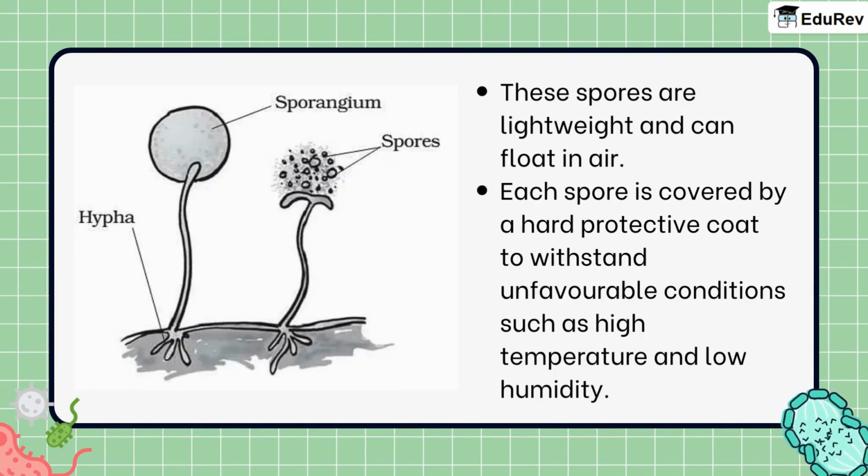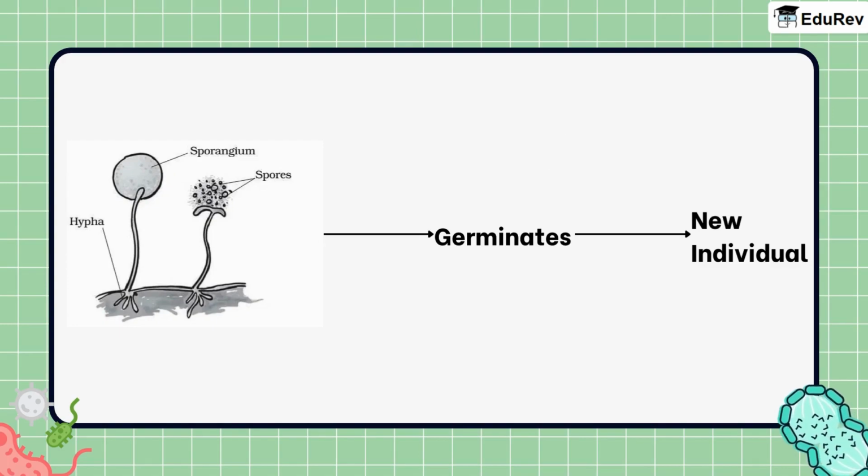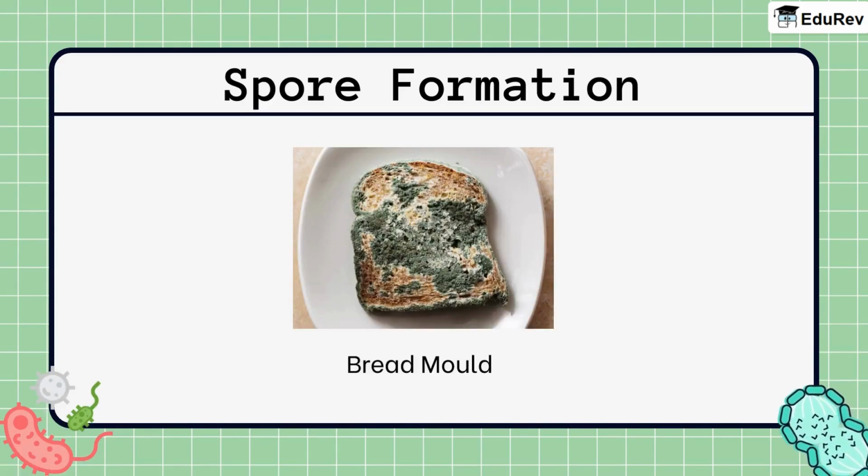So, they can survive for a long time. Under favorable conditions, a spore germinates and develops into a new individual. This method is most commonly observed in fungi like bread mold.